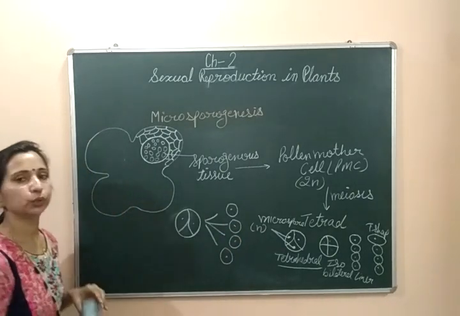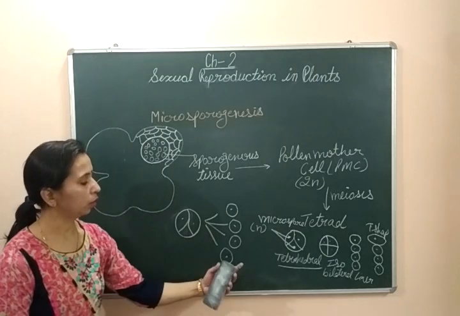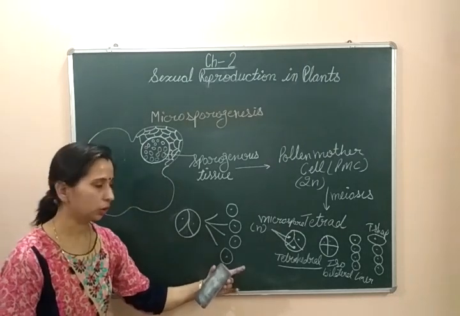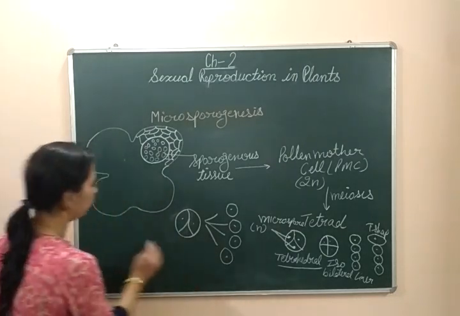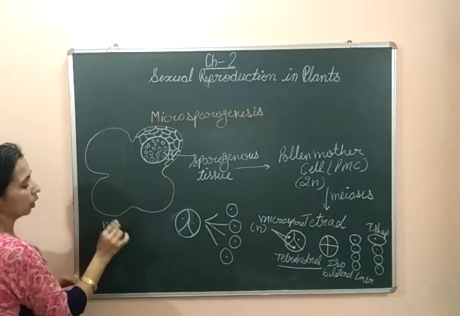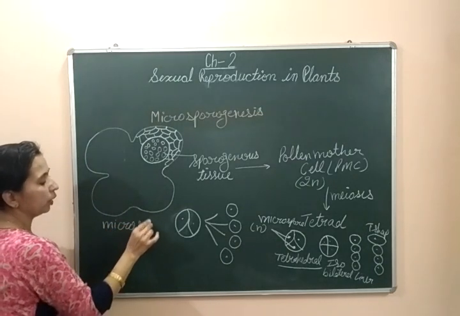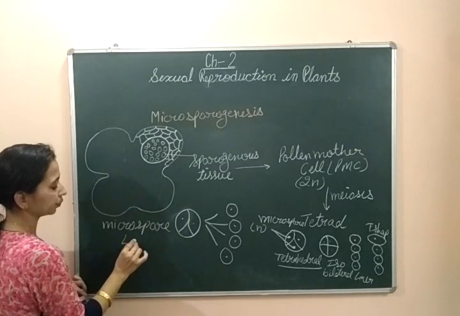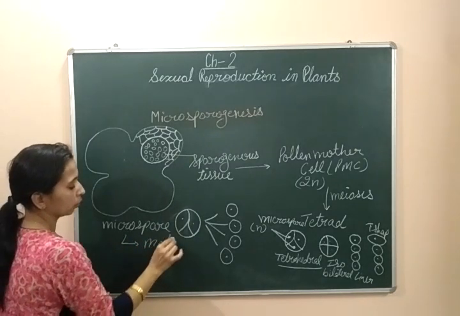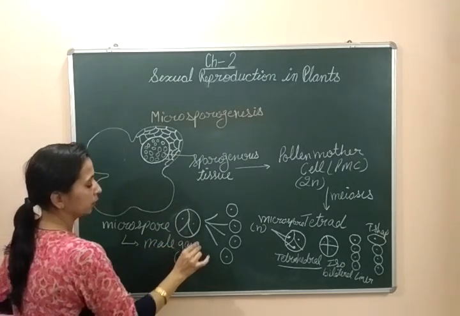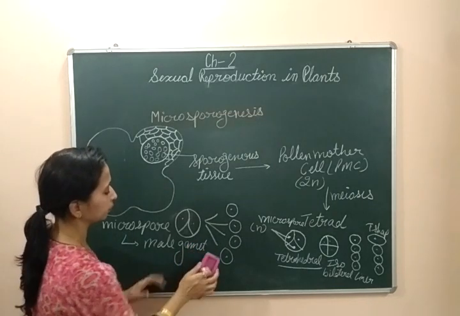These microspores are the first cell of the reproductive structure, known as the male gametophyte.